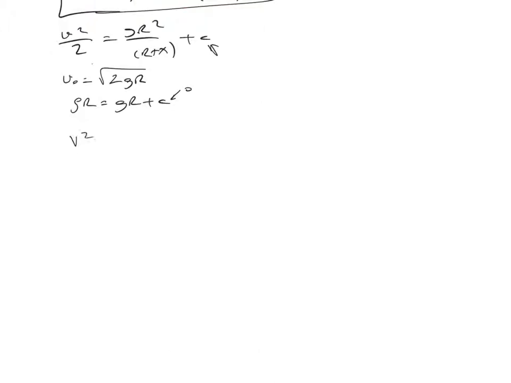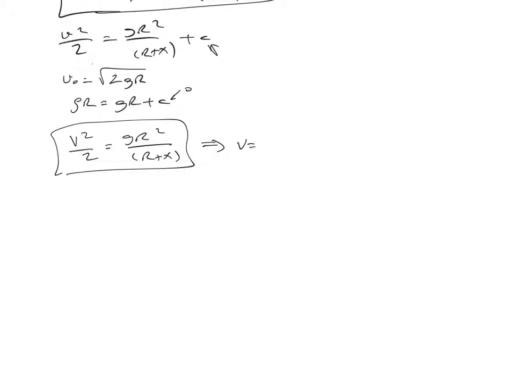So v squared over 2 is equal to gR squared over (R plus x). And from here v is equal to the square root of 2gR squared over (R plus x).